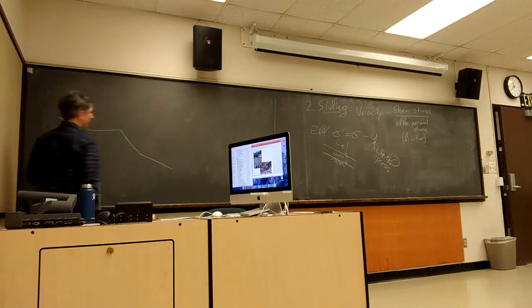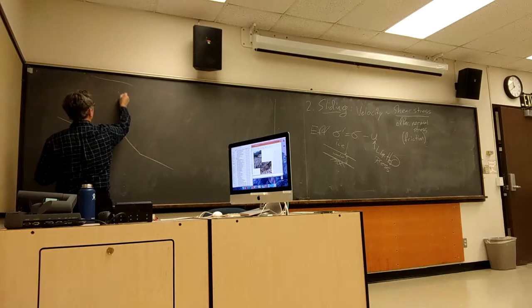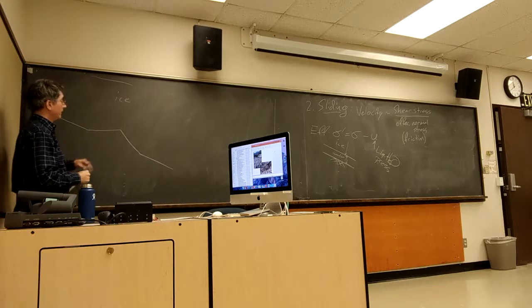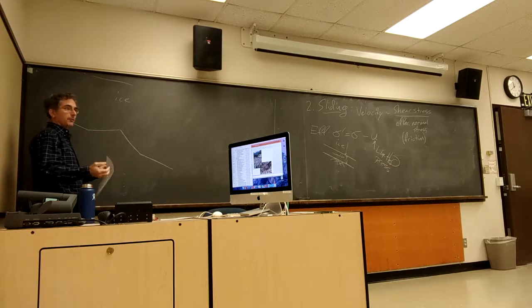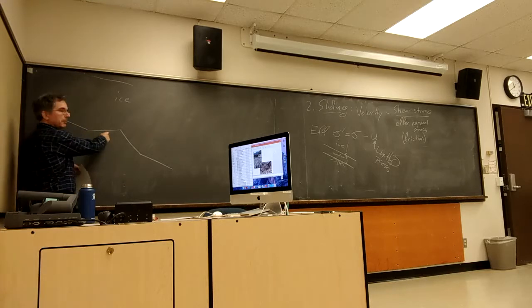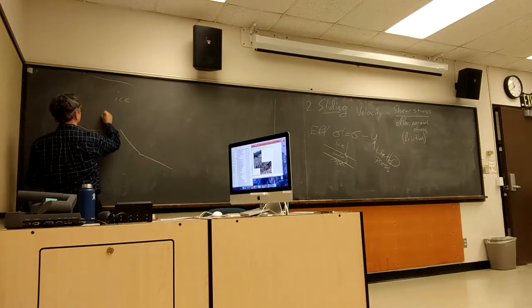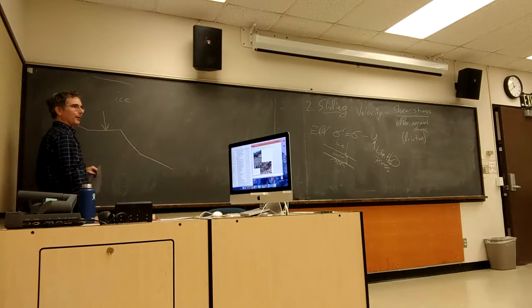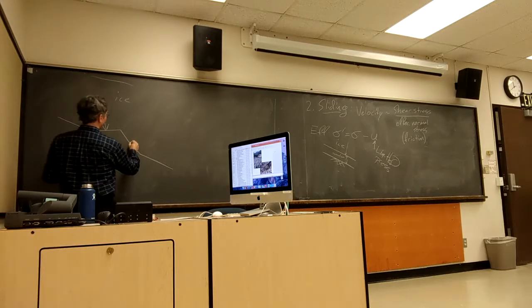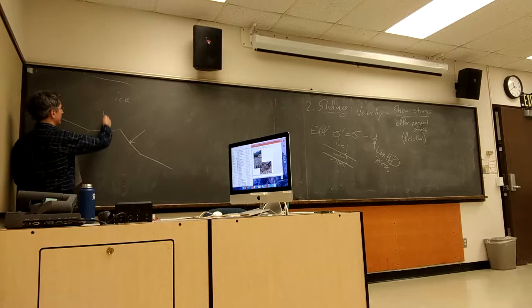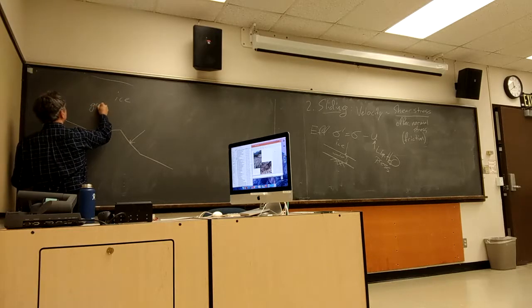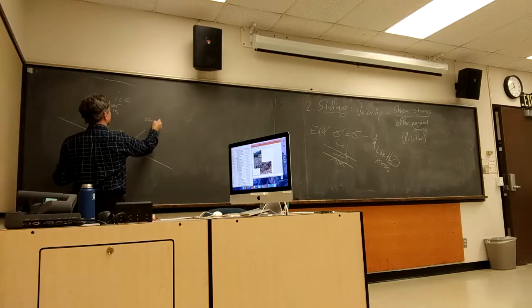If I've got a bump on my bed and ice up here, and if the bed were smooth, then it could just slide. But now I put a bump in here, and now the normal and parallel components of the ice weight stress are going to be pointing like that on the different sides of the bump. So right here, that stress is going to be greater and here it's going to be smaller.